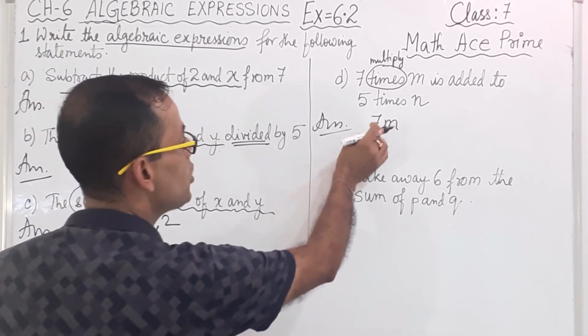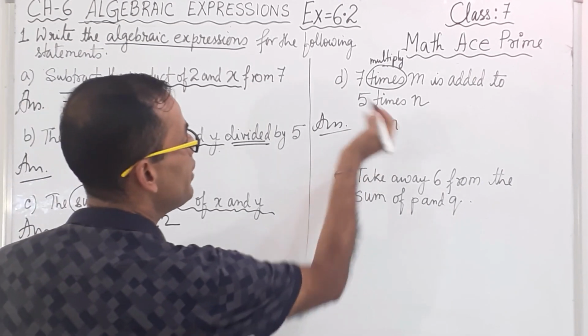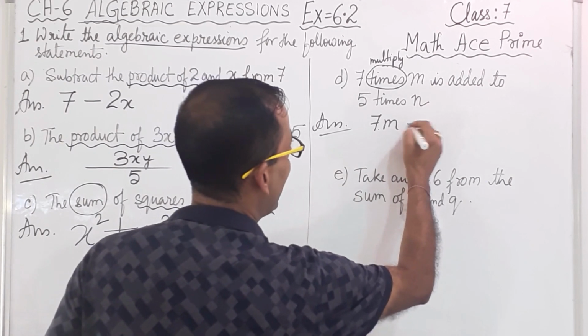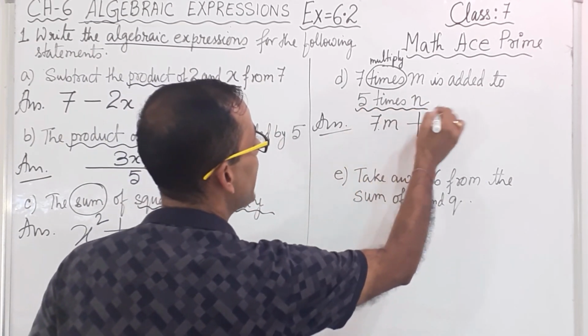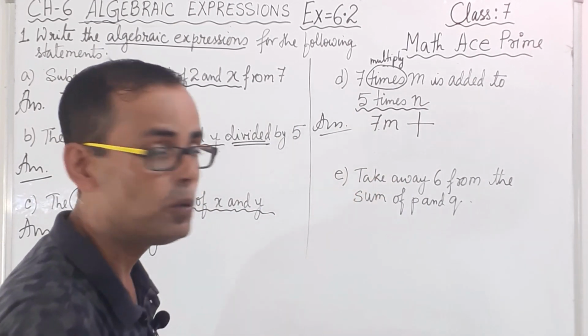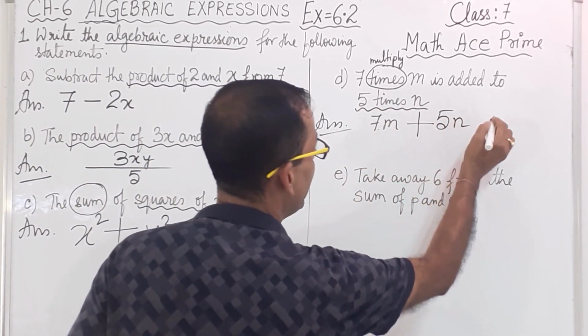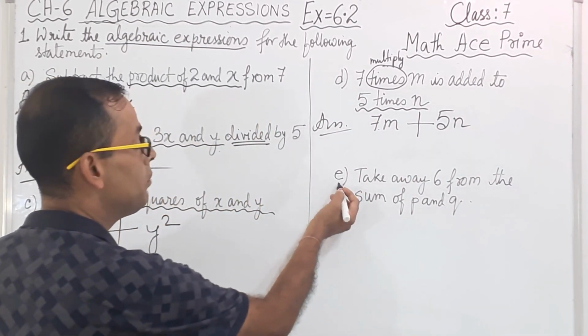But here one is a constant and one is a variable, so you cannot multiply. So 7m is the same as 7.m. Added means plus, to 5 times n. Five times n means 5 into n, that means 5n. Clear?